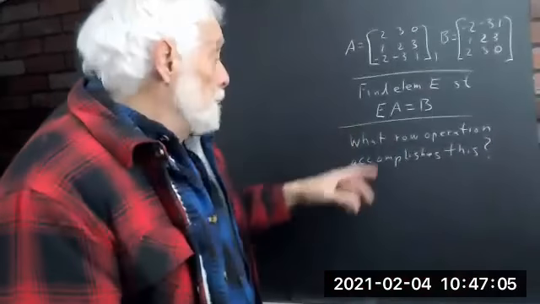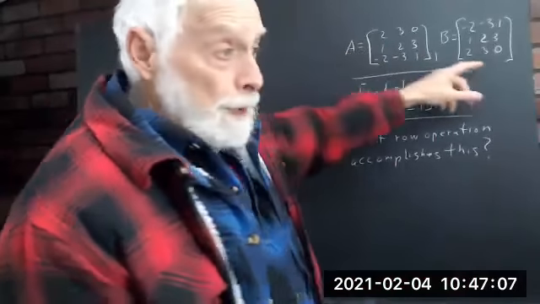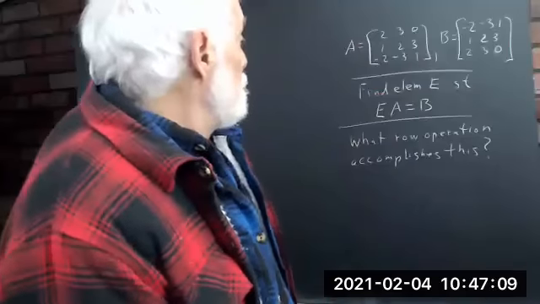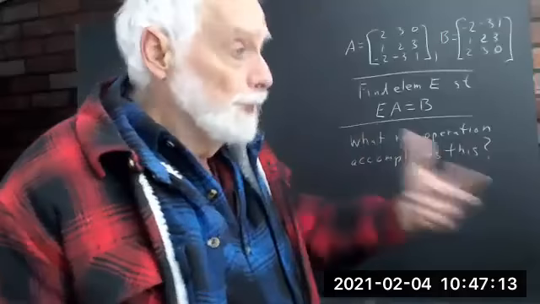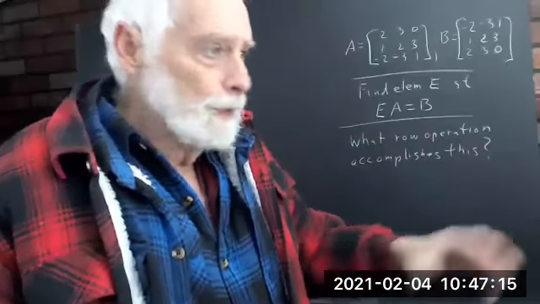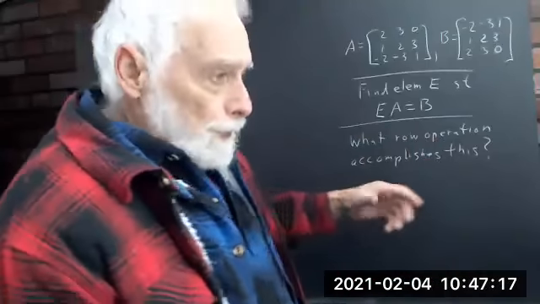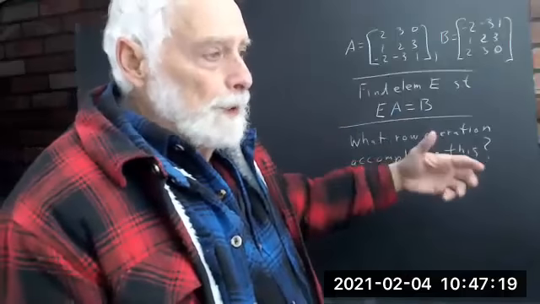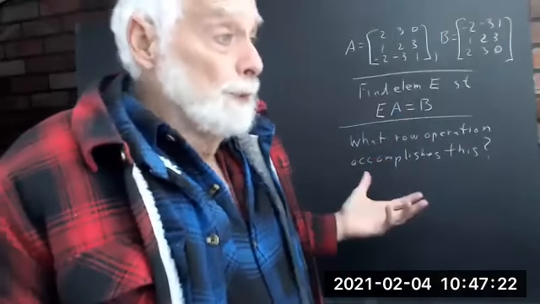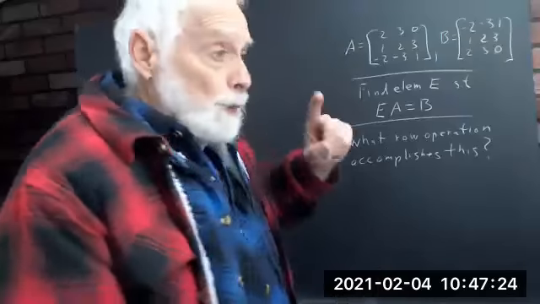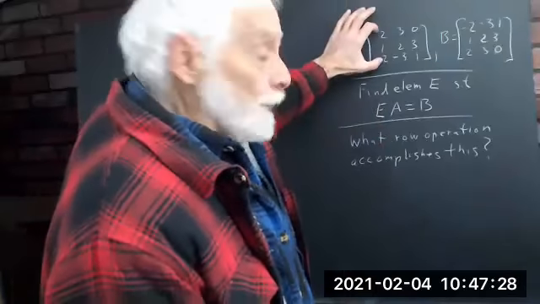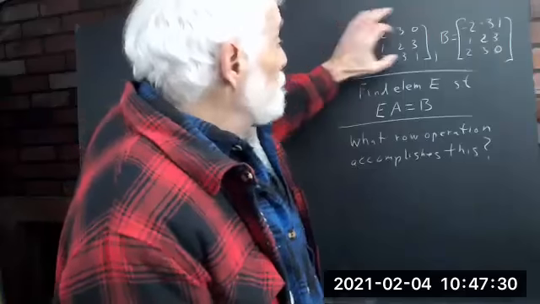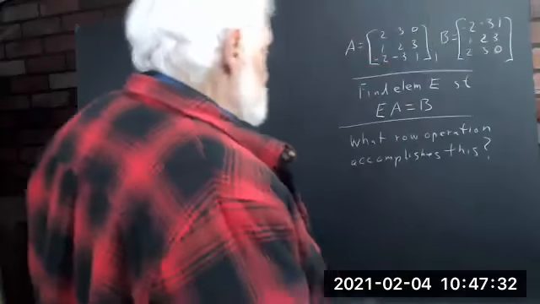It's got to be a single row operation. An elementary matrix represents just a single row operation, not a combination of row operations. You use a combination of elementary matrices to do any sequence of row operations. We just want one row operation, and the one row operation here looks like these two rows got switched.